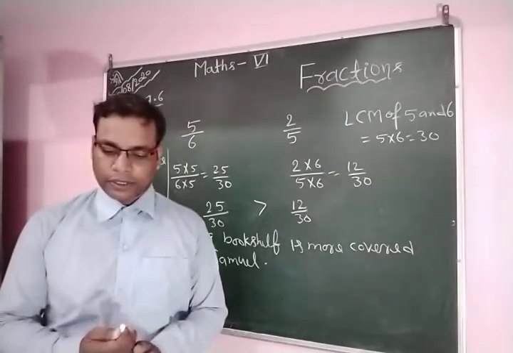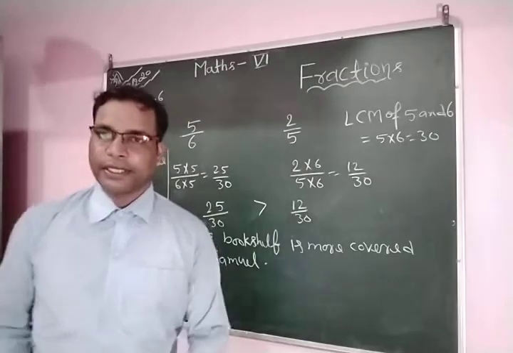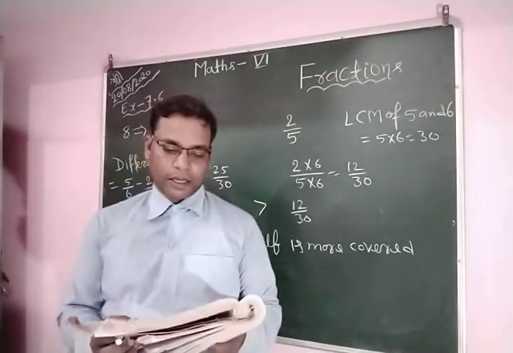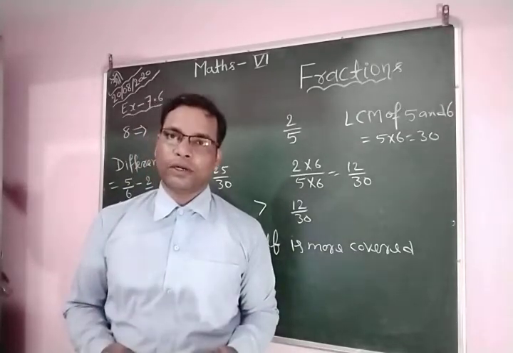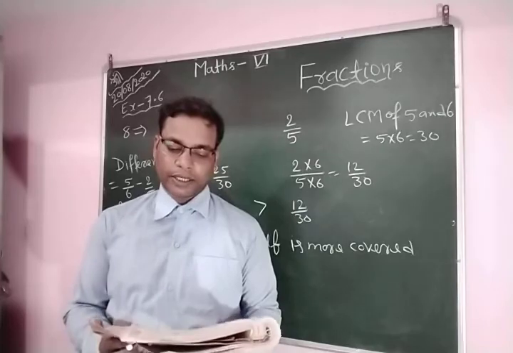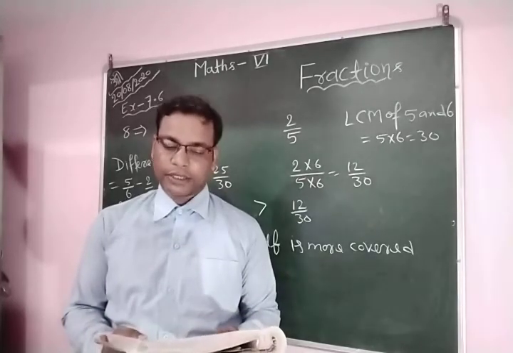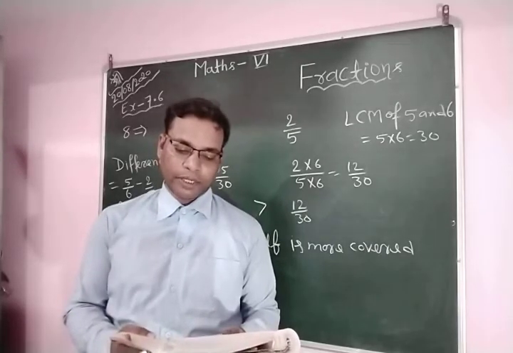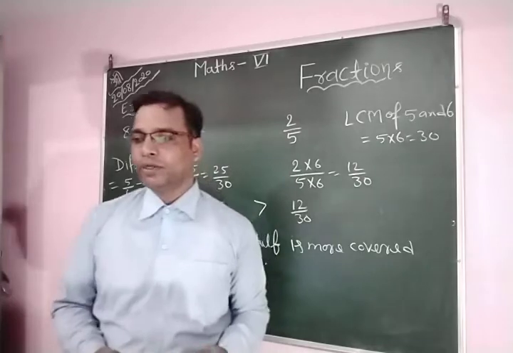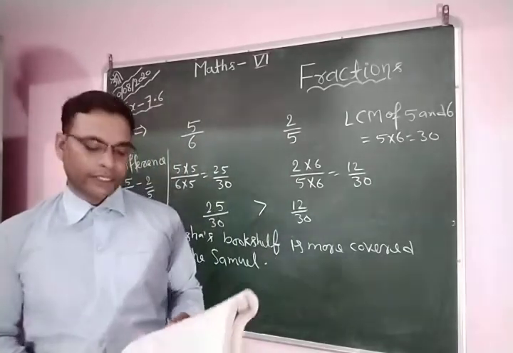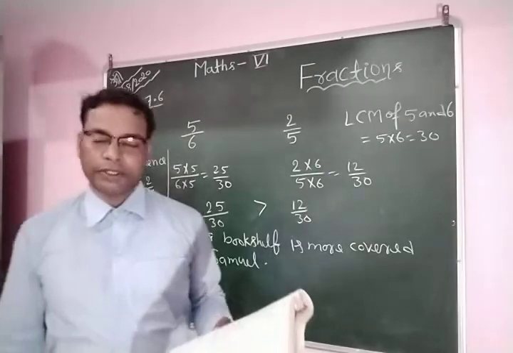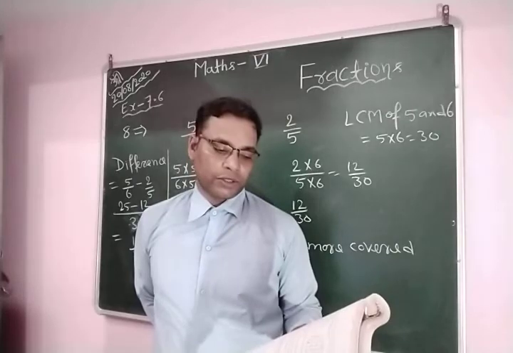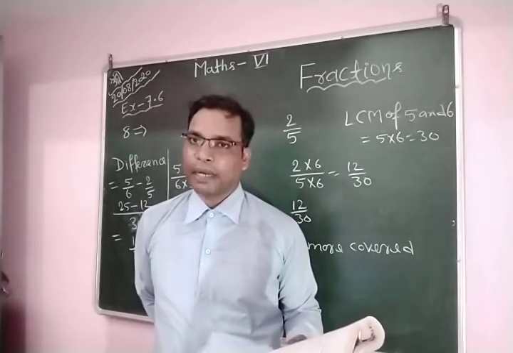Now the next question is that Javed takes 2 whole 1 by 5 minutes to walk across the school grounds, and Rahul takes 7 by 4 minutes to do the same. Who takes less time, and by what fraction? So for this, we convert the time taken by Javed, 2 whole 1 by 5, into an improper fraction.